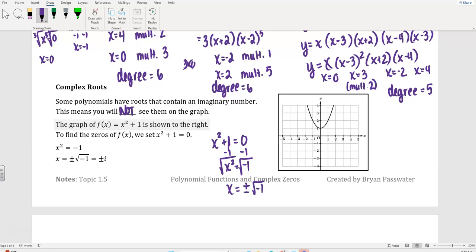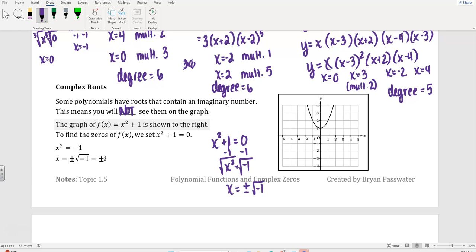So, mathematicians, I wish I could remember the one that's credited with this, I'll have to go look that up, kept running into the square root of negative numbers. It kept happening, and they needed to be able to deal with it to get further in what they were doing. So they said, how about we just call this one i?